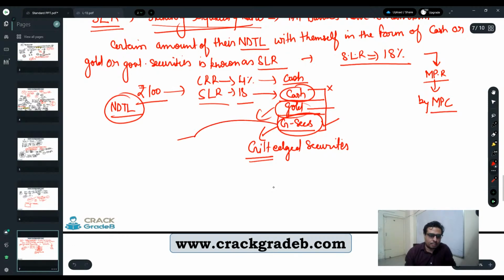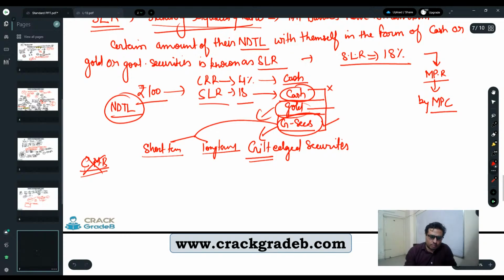Primarily they are divided into two parts: short term and long term. Though even in the short term there are various categories. For example, there is one category known as CMBs, cash management bills. We will discuss cash management bills later when we come to the capital market and money market, not here.